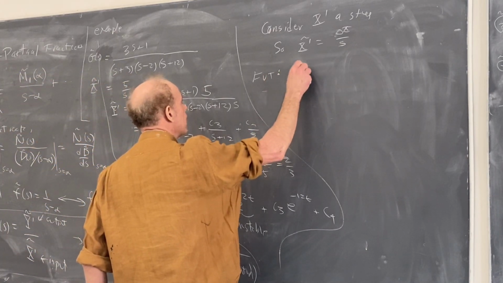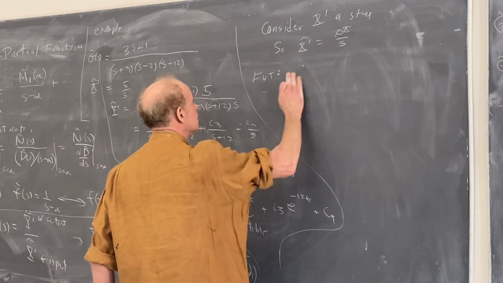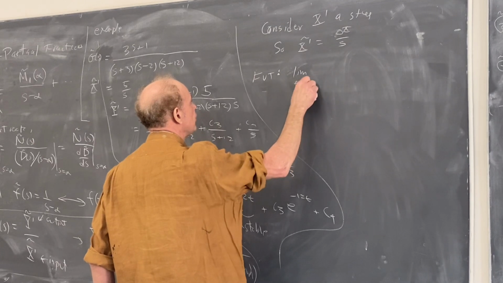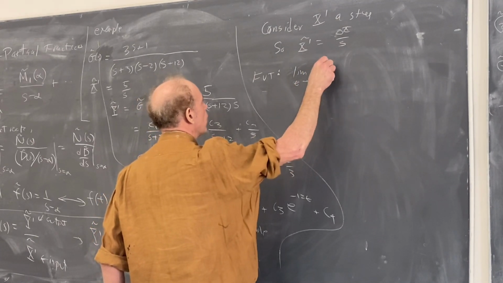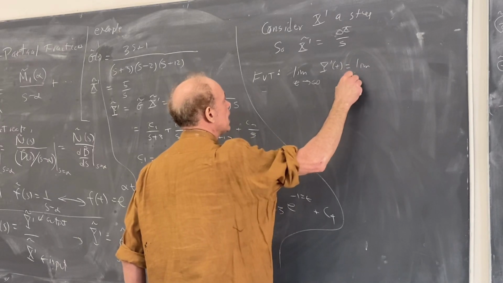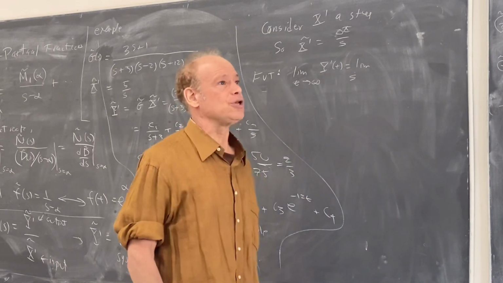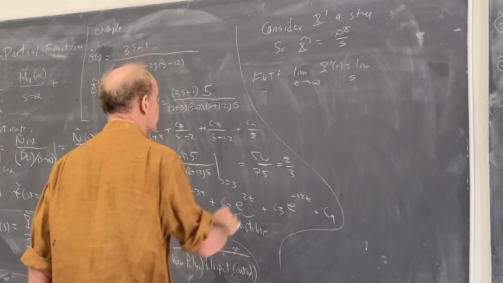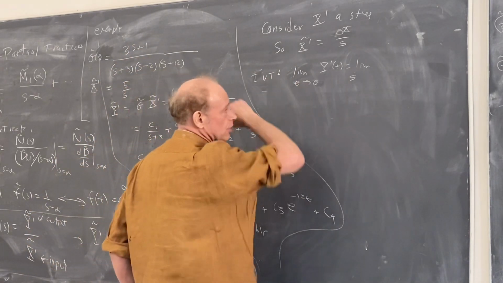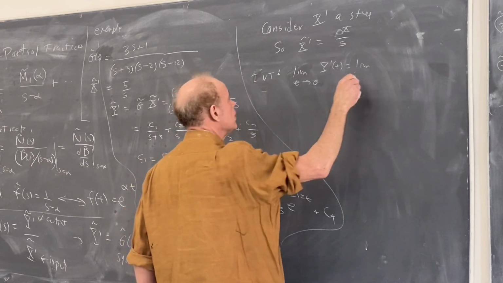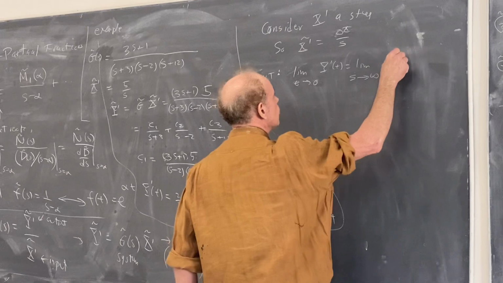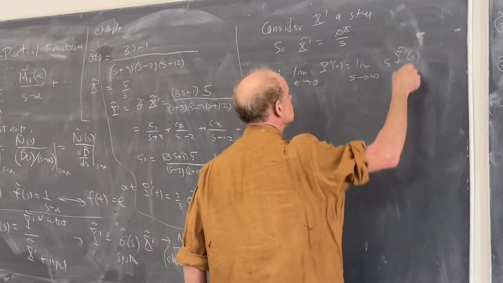Actually, no, I want the other way around. I want to use the initial value theorem. The limit as t goes to 0 of Y prime is the limit as S goes to infinity of S Y prime tilde of S.